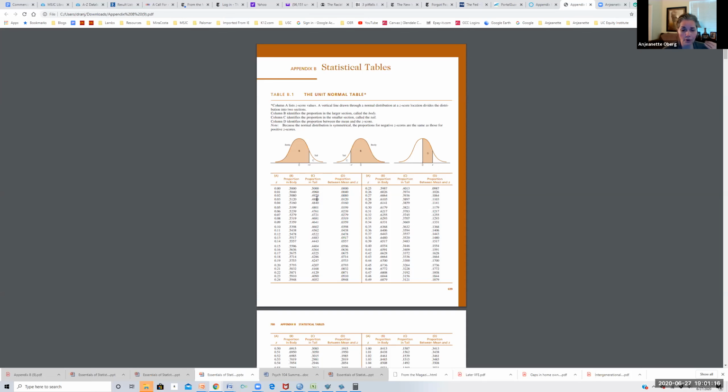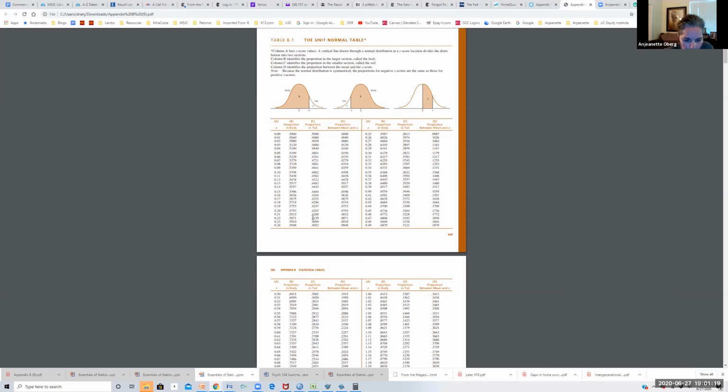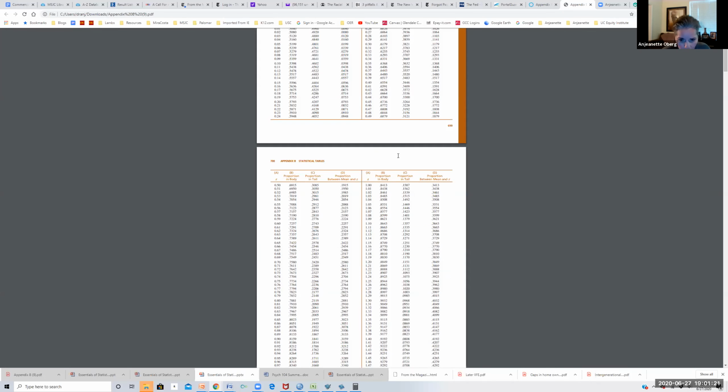Let's look at a z-score of 1, because that's a familiar number to us. A z-score of 1 has 84.13% in the body and only 0.1587 in the tail. The body's always the bigger portion and the tail is always the smaller portion.